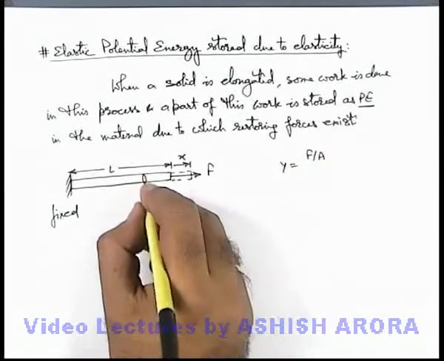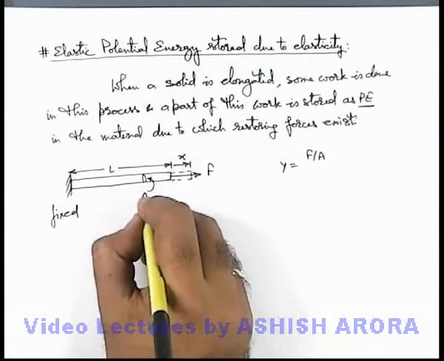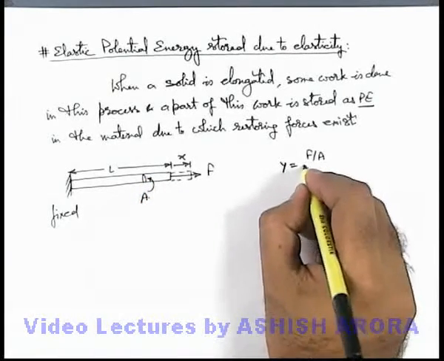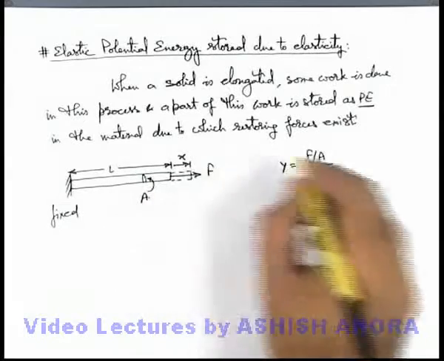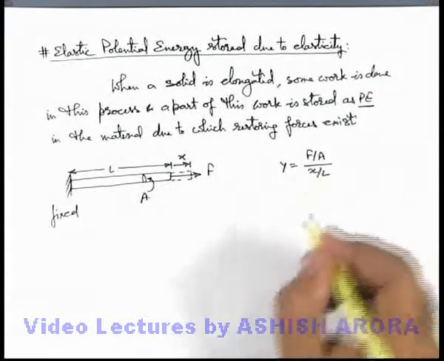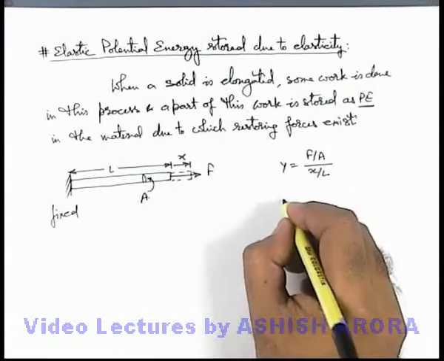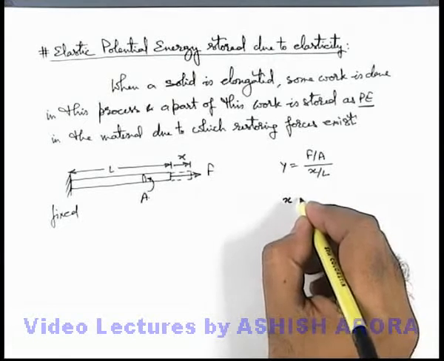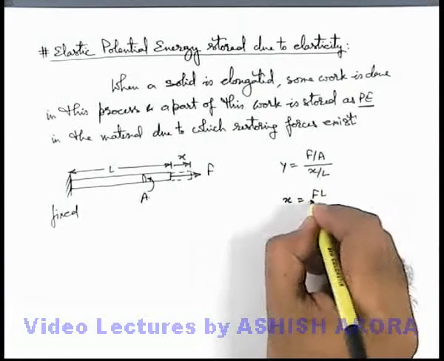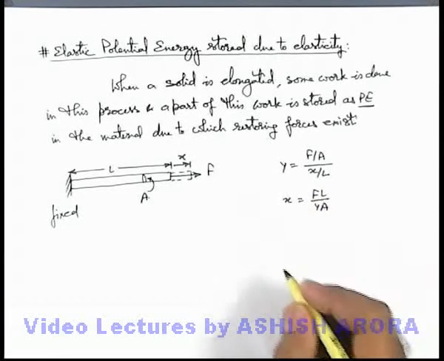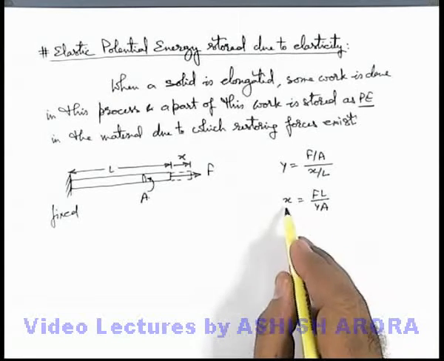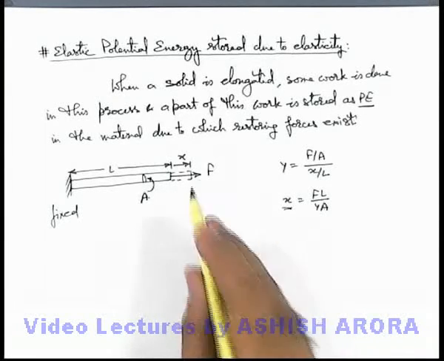Say its cross-sectional area is A, this F upon A divided by the strain, which will be X upon L. So we can directly get the value of X, which can be written as FL upon YA. This is the value of elongation in the rod.